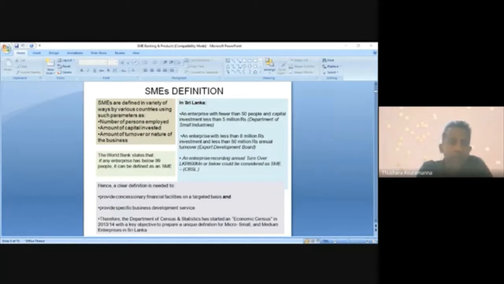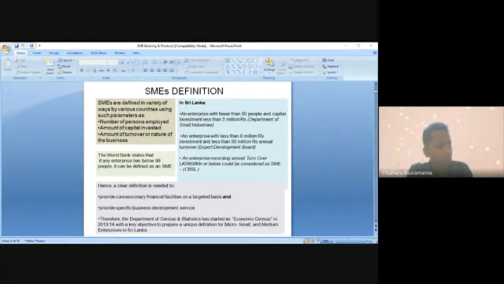Then, very important from an examination perspective again: what are the criteria? It's in the top left-hand corner. It's the number of people, amount of capital, amount of turnover. There are 3 main criteria being used by different countries or different organizations and institutions to define SMEs.